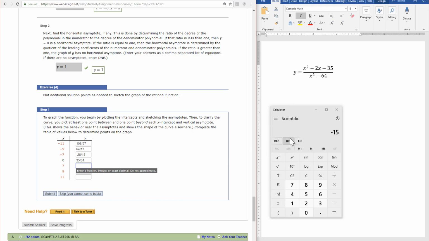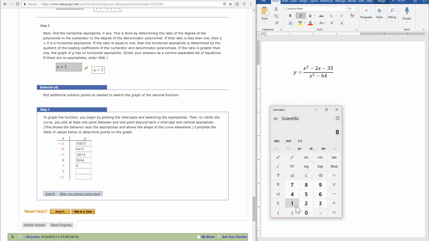And now let's put in positive numbers. Positive 7. We'll start off with a positive 7 squared, that's 49, minus 2 times 7, minus 35. So that looks like it's a 0. Well, of course it was a 0, because it was one of our x-intercepts. Positive 9 in there.